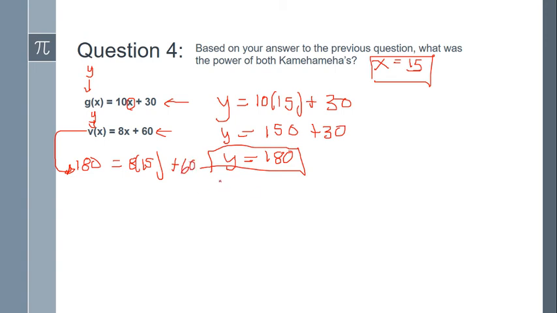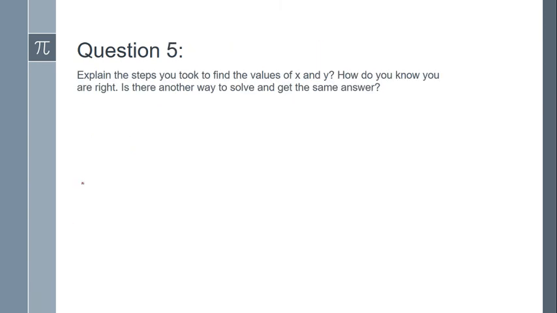All right, so you could do a little work on your computer. You would get that 8 times 15 is 120. And then is 180 really equal to 120 plus 60? Yes, it is. All right, so it worked out. It checked in both. And for any of these type of problems, you can always check that way. So that'd be one way that I would know that I was right.